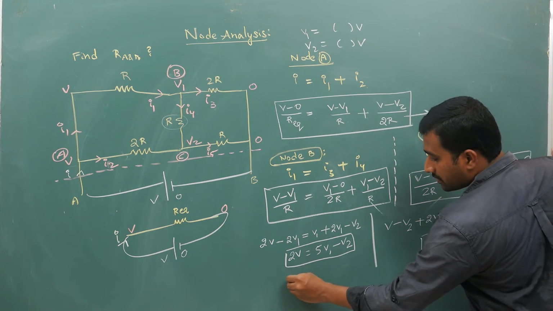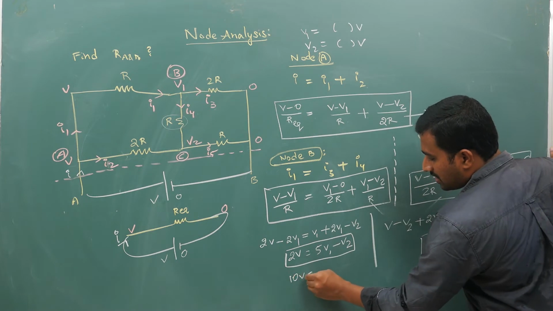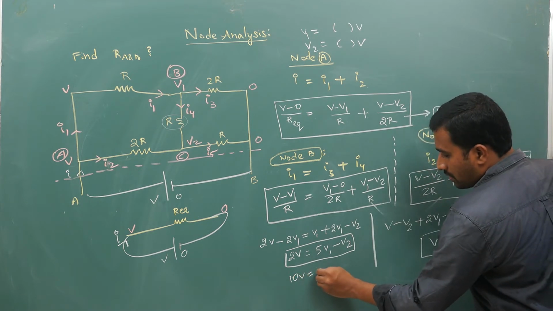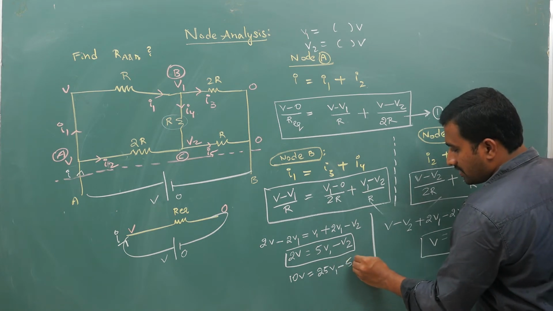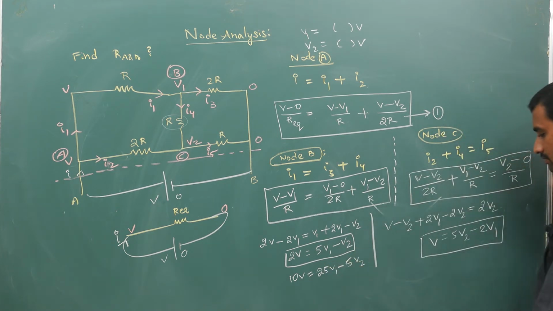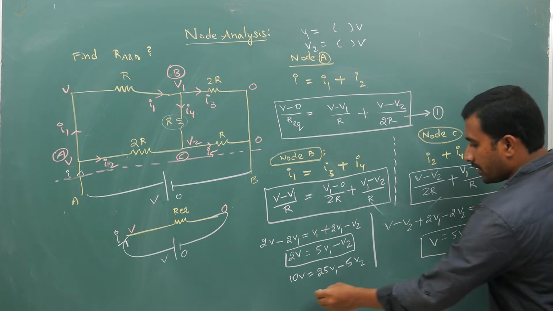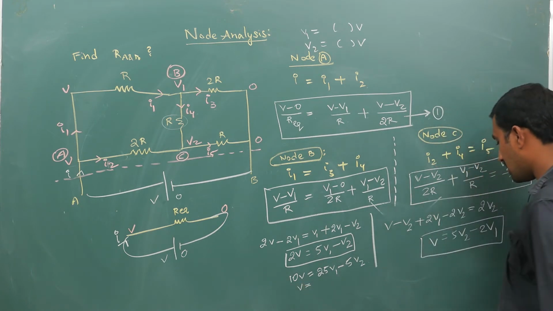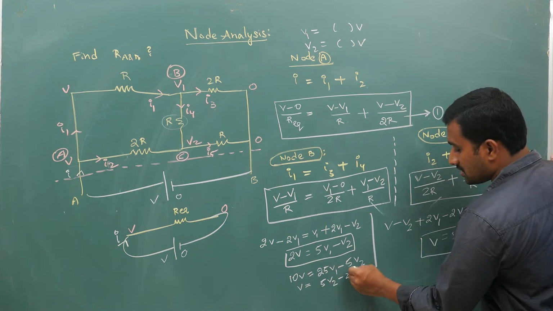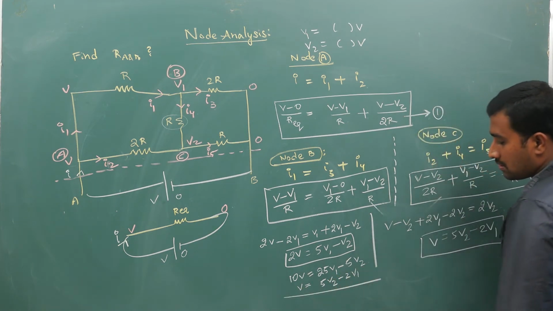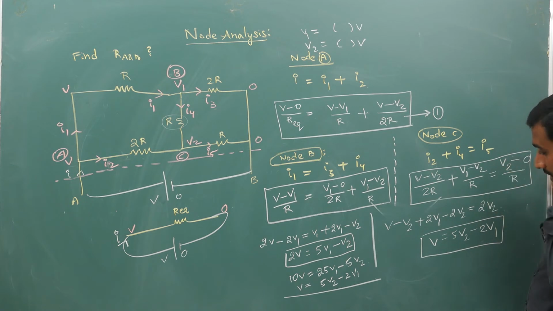So now if I try to solve these equations, here I have 5V2, no? So 10V is equal to 25V1 minus 5V2. I have multiplied with 5. I am going to substitute this equation. V is equal to 5V2 minus 2V1. That will give me, I think I have done something wrong.